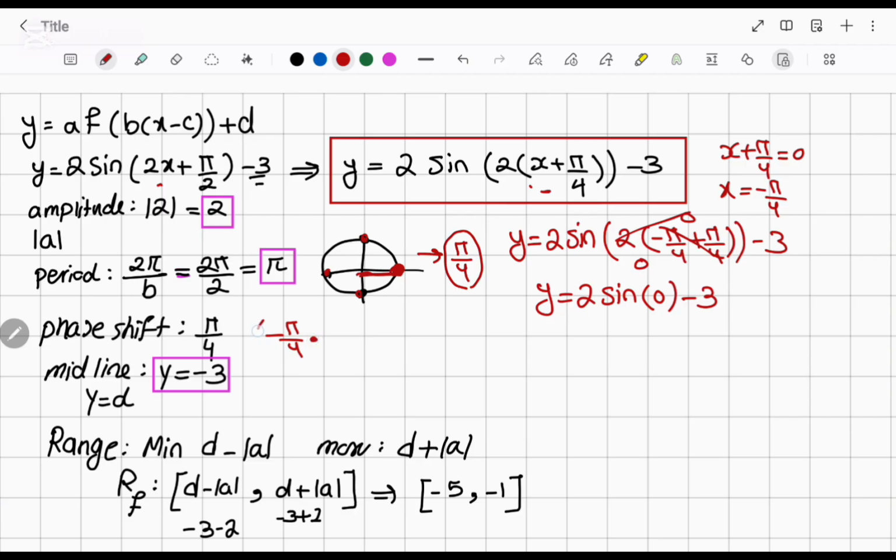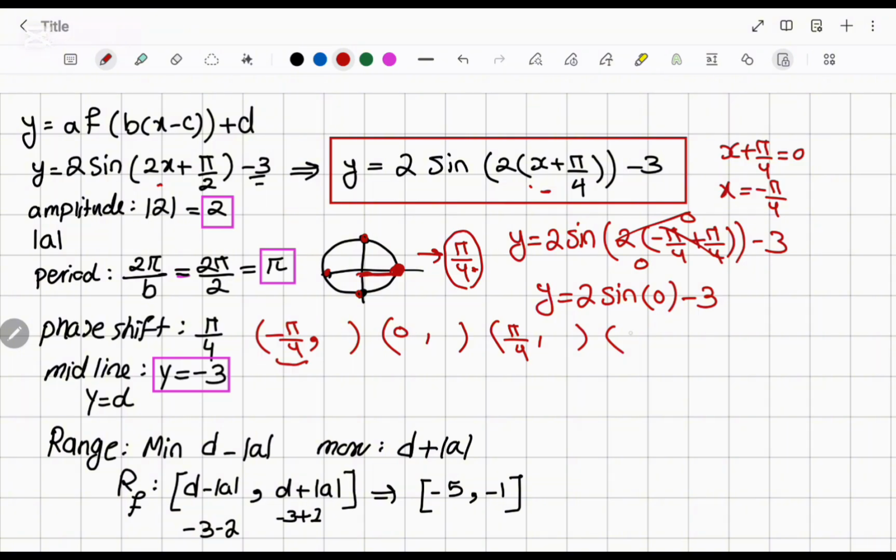The next one, I'm going to write these as points because I'm supposed to write their y coordinate as well. So the next one is going to be whatever the first angle is, which is negative pi over 4, plus the units that I've already found in order to get the next one. Negative pi over 4 plus pi over 4 is going to be 0. So my next angle is going to be 0. So 0 plus pi over 4 is pi over 4.